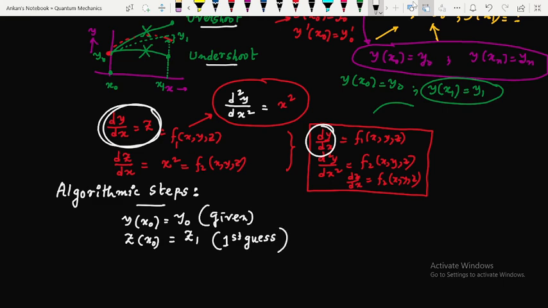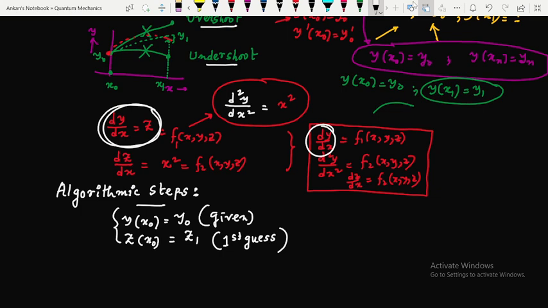By the solution of these two differential equations, you can solve them either by RK2, Euler method, or RK4, which I have already discussed.